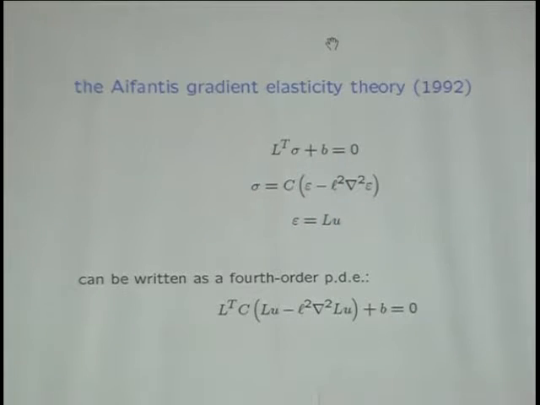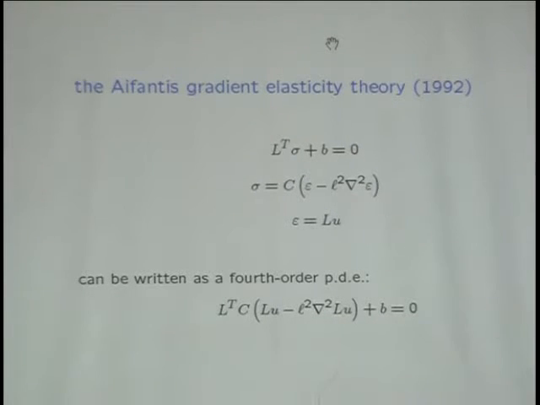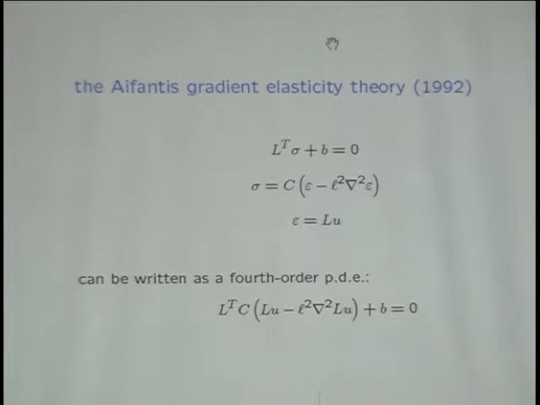And what we add now is a higher order strain term, Laplacian squared, so it describes kind of a diffusion process, and l squared. If you remember the talk of yesterday about the implicit gradients, that was called c. Here I call it l squared, but it's really the same thing. So that's a material length scale parameter. And then strain is related to displacement, again with the differential operator, standard.